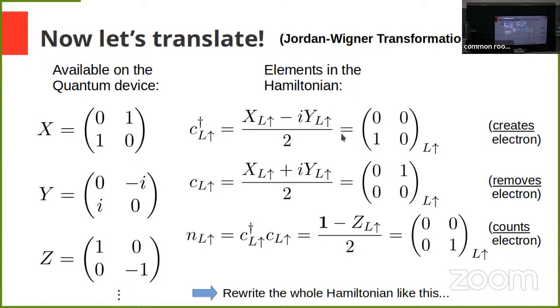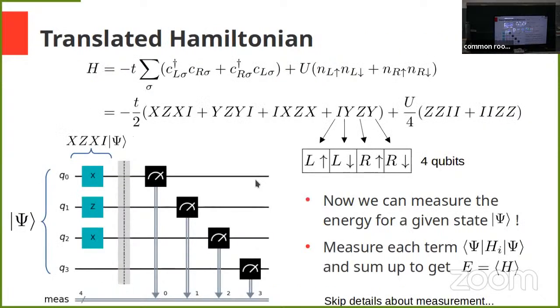So combining Pauli gates like this has the same action in our quantum mechanical Hamiltonian as creating an electron. Then the same thing for an annihilation operator. We also need an operator which counts electrons, which is C dagger C, and it can be represented by the Z gate, for example. These are all the operators which were in our Hamiltonian. So now we have basically a dictionary to map all the terms in the Hamiltonian onto X, Y, and Z gates. So let's do it.